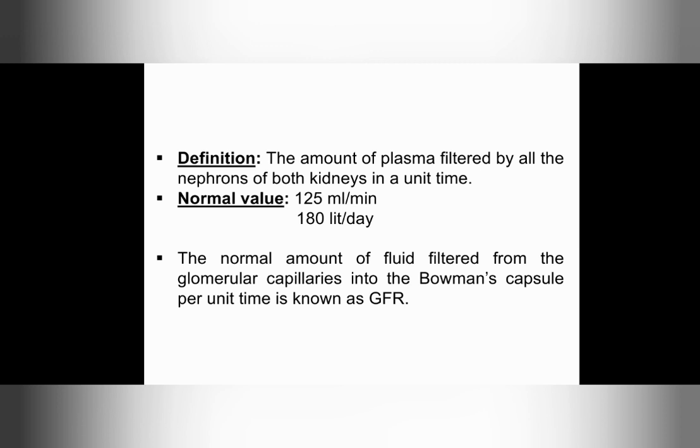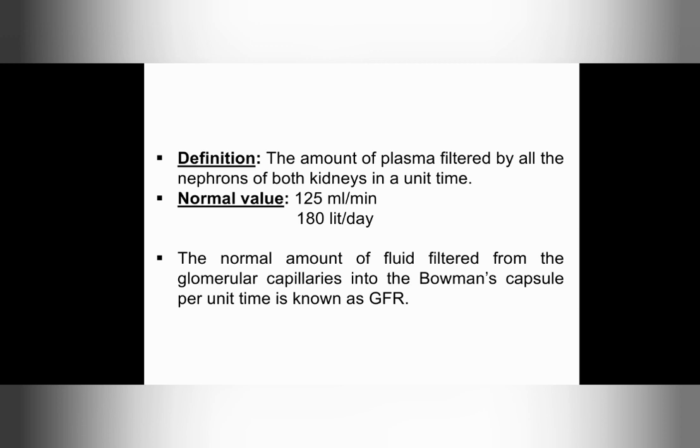If you are going for per minute, it is always milliliter per minute, or in a day, liter per day. I repeat the definition of glomerular filtration rate, or GFR: the amount of plasma filtered by all the nephrons of both the kidneys in a unit time.